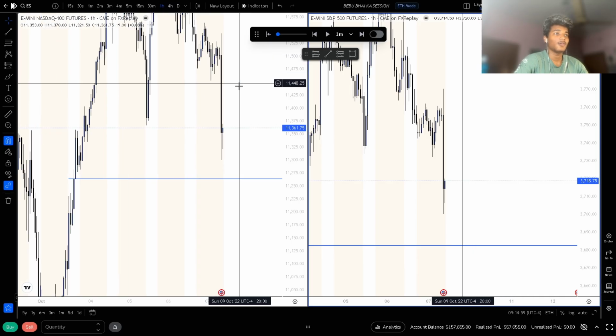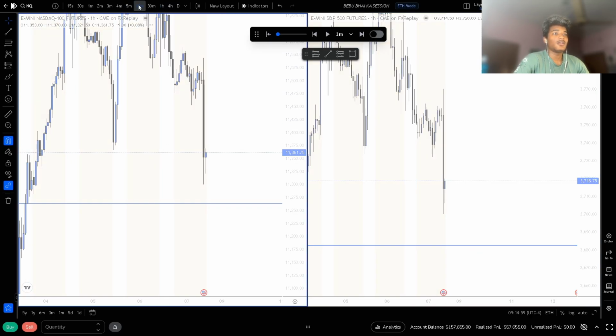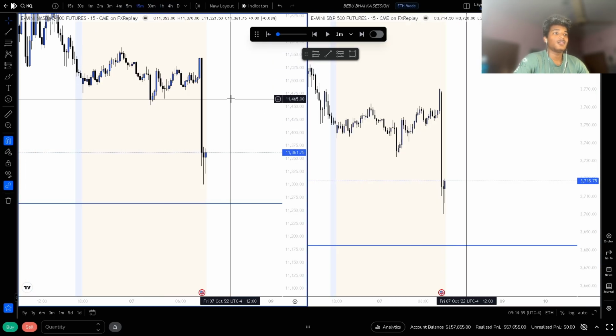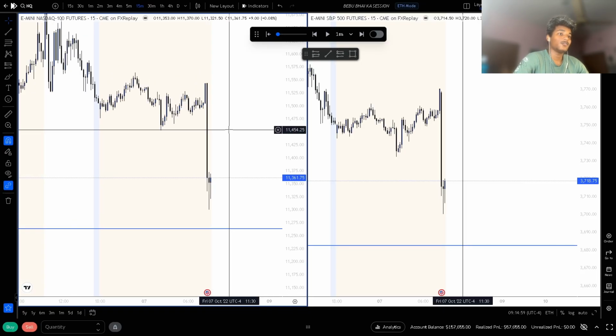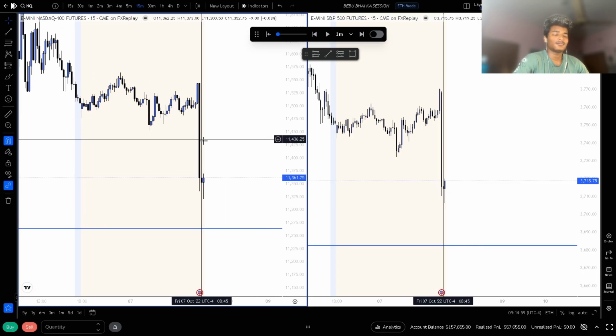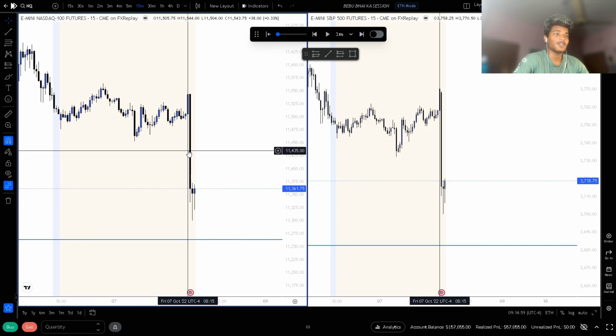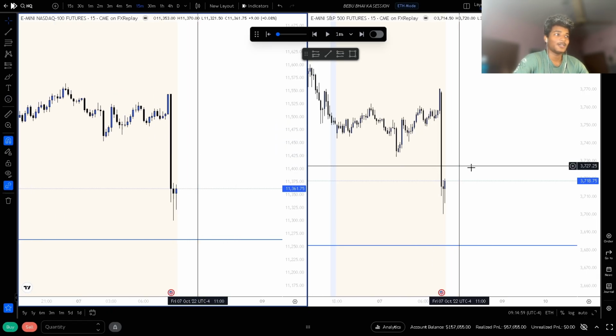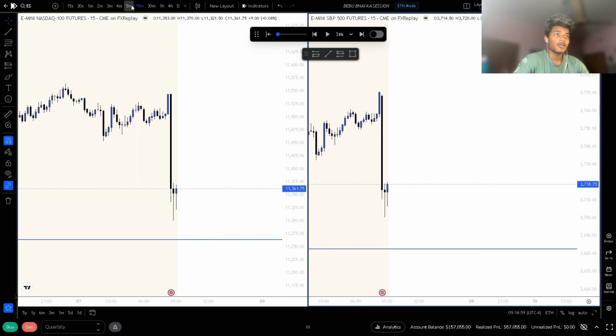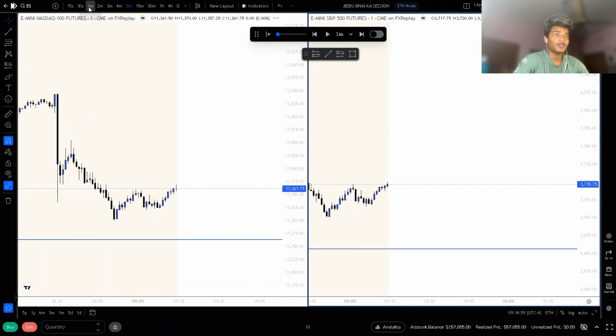If we rip up on open, I will not feel that confident to actually take any longs, because we have this massive 15-minute gap, and let's see if I can get anything, or the market is just gonna chop.